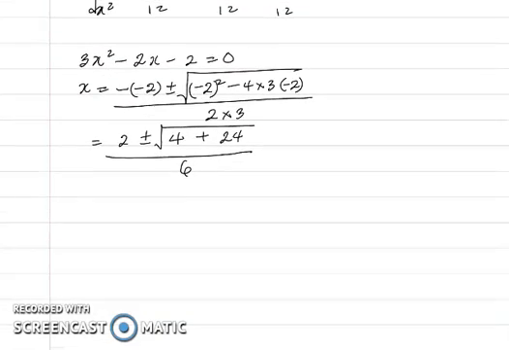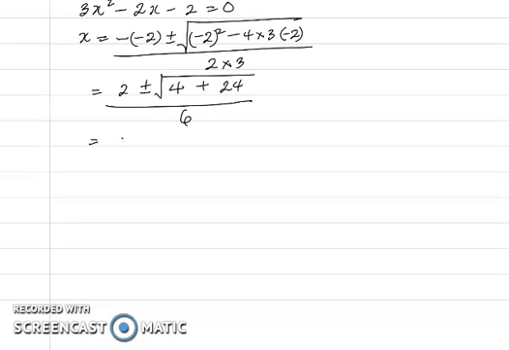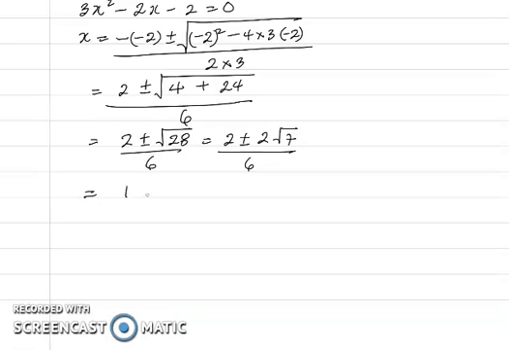All right. So this is going to work out to be 2 plus or minus the square root of 28 over 6. This will be 2 plus or minus 2 root 7 all over 6. And this would be, divide both the numerator and the denominator by 2. You're going to get 1 plus or minus root 7 over 3.